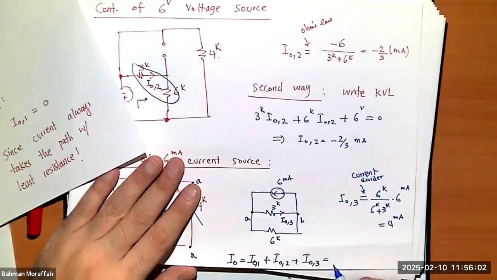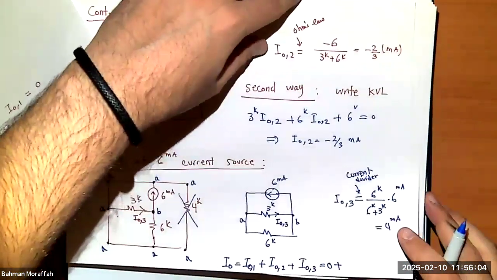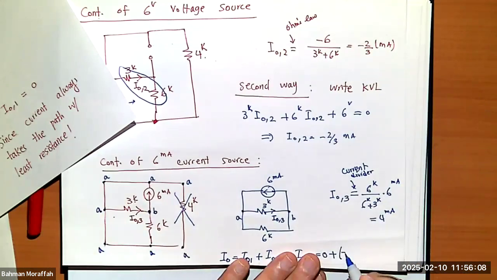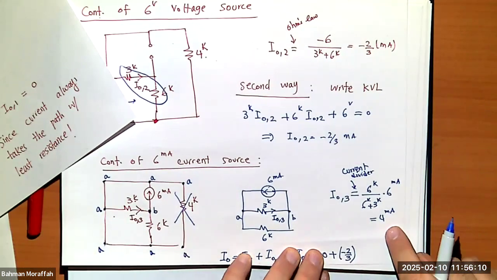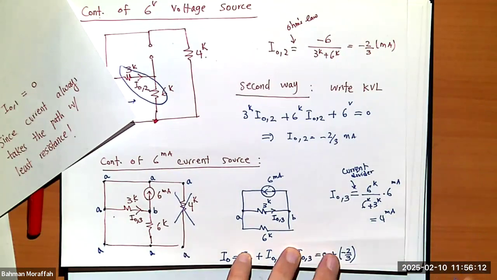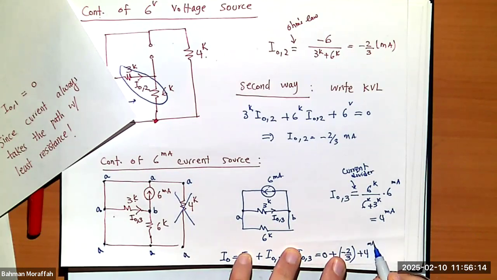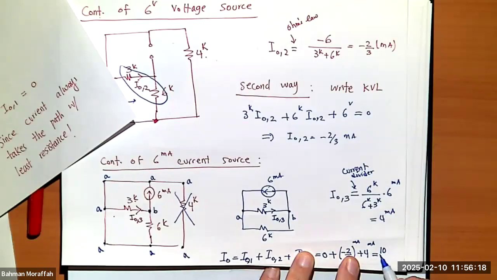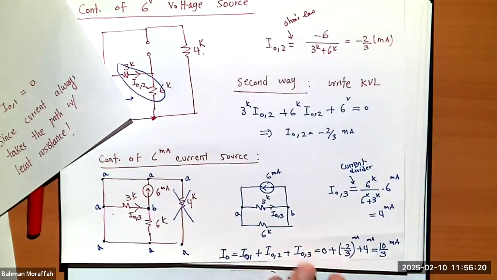So it's 0. Plus I naught 2, we computed to be minus 2/3. So plus minus 2/3. I naught 3 is 4. So plus 4. Therefore, the whole thing here is 10/3 milliamps.